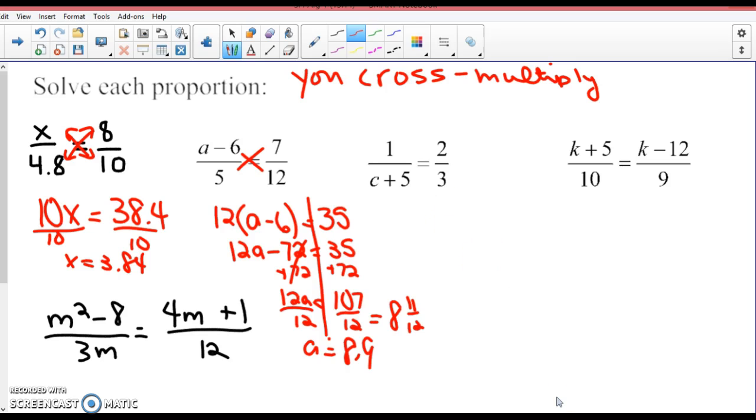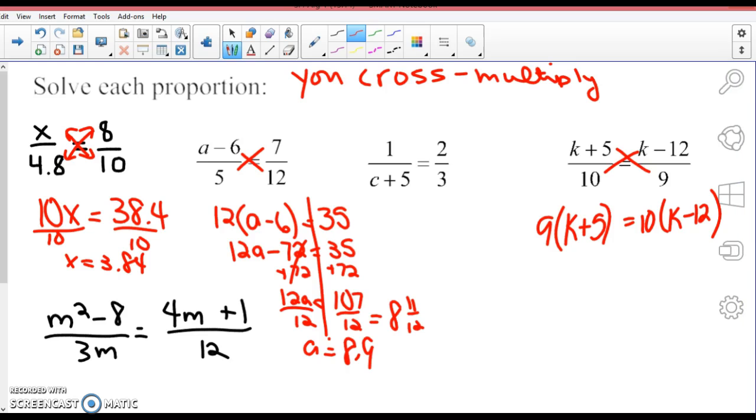Again, we're not going to do this one. It's the same exact thing. This one: cross multiply. 9 times the quantity k plus 5 equals 10 times the quantity k minus 12. All right, what do I need to do on the left and the right, Casey? Correct.